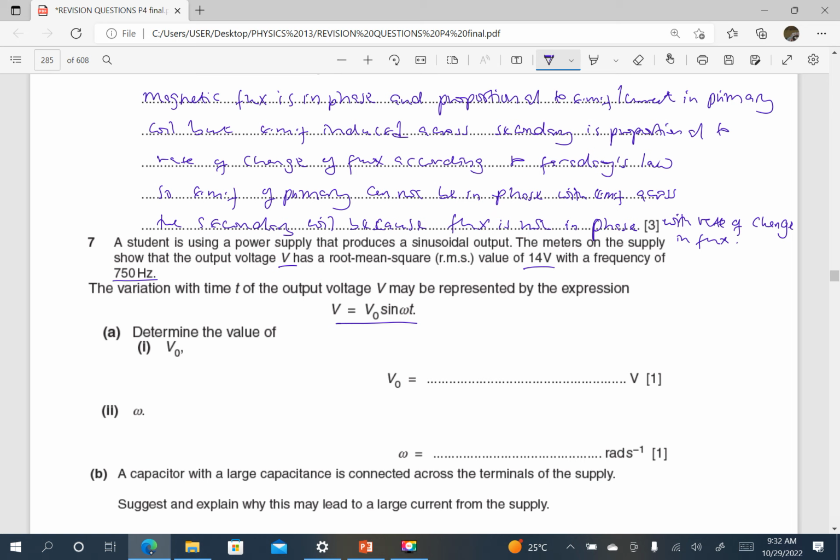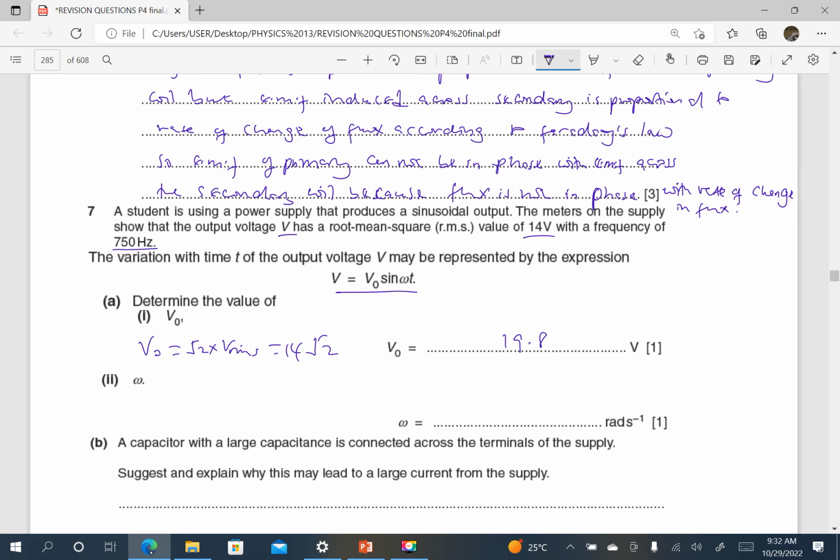They have given us the root mean square value, so we know that V naught is equal to root 2 times V root mean square. So this would be 14 times root 2, which is 19.8 volts.